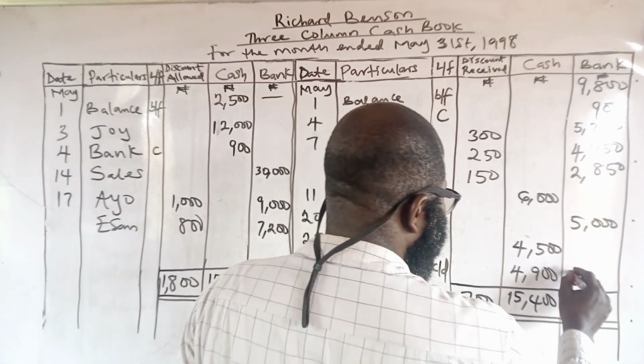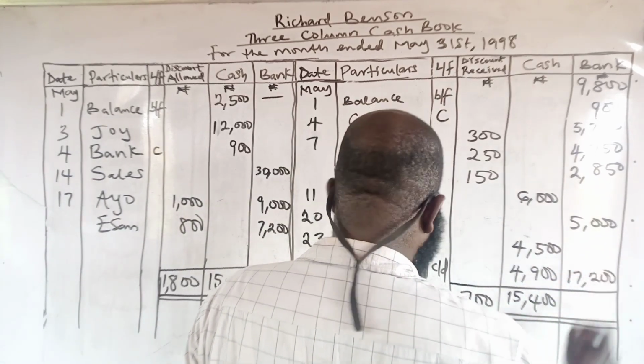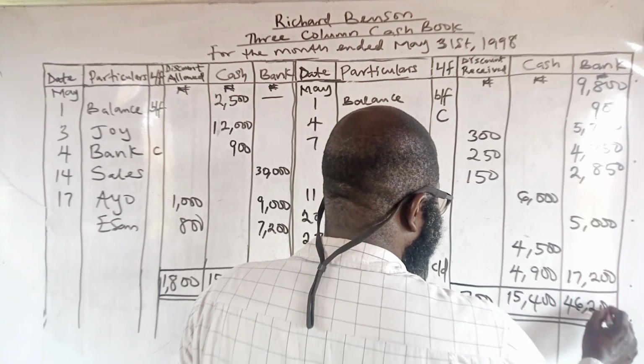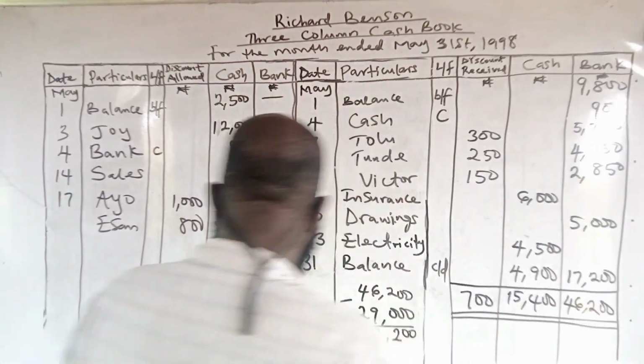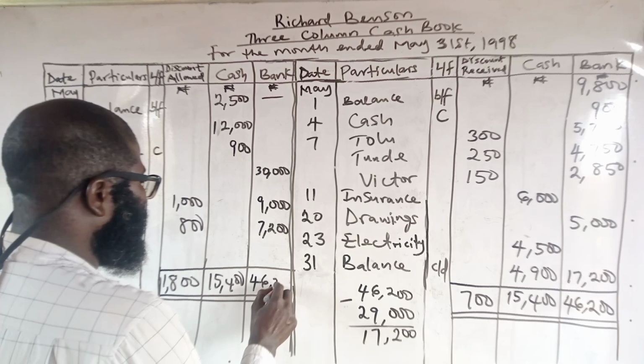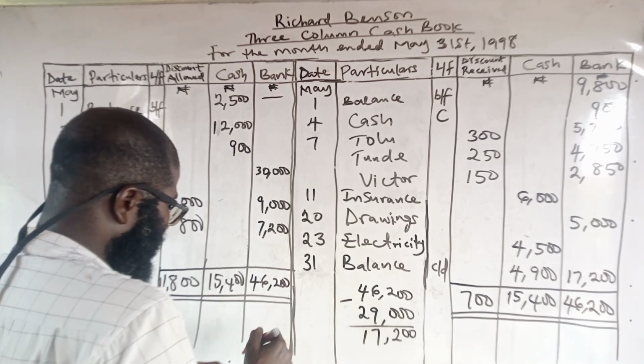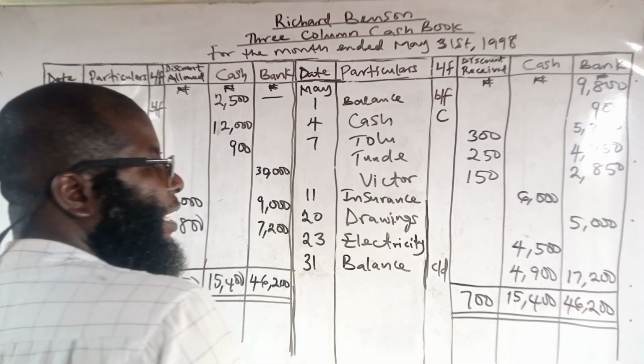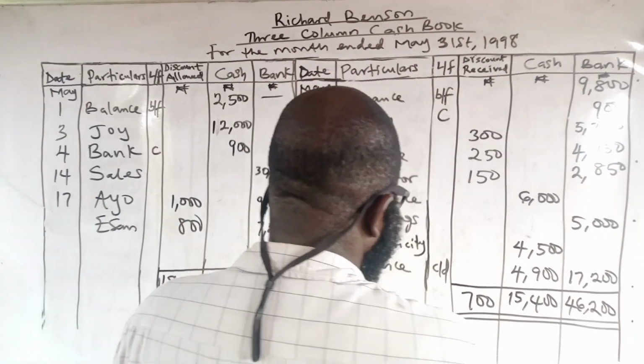We are going to have 17,200 naira here. Then we can now have 46,200 here. When you add everything together, 46,200 naira. As you can see, we've balanced our account.